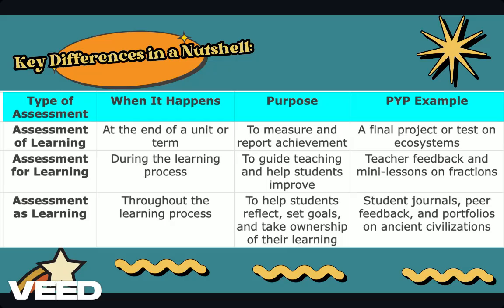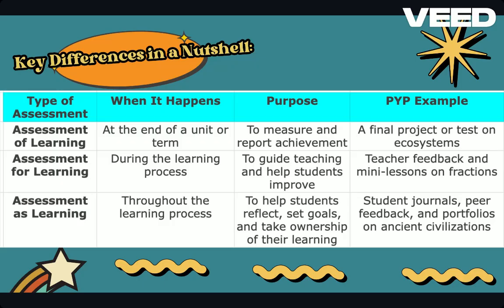In a nutshell, let's understand the three types of assessment: when it happens, what is the purpose, and an example from PYP. So, again, assessment of learning takes place at the end of a unit or a term to measure and report achievement. The final project or the test on ecosystems could be your summative assessment, assessment of learning.